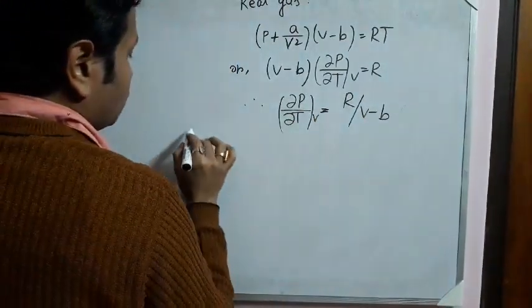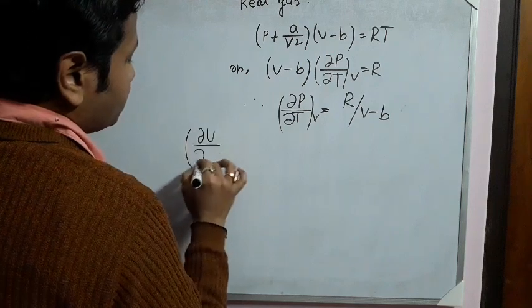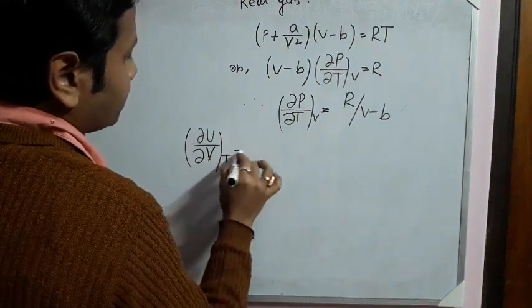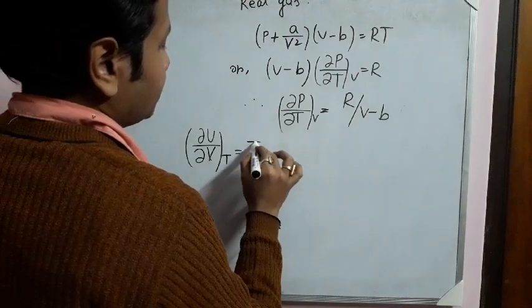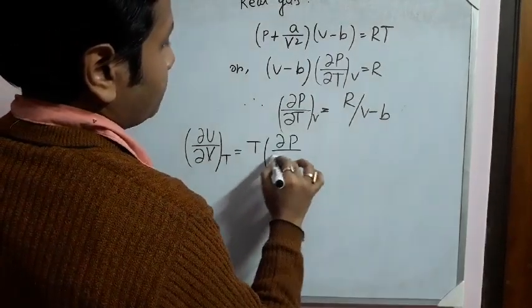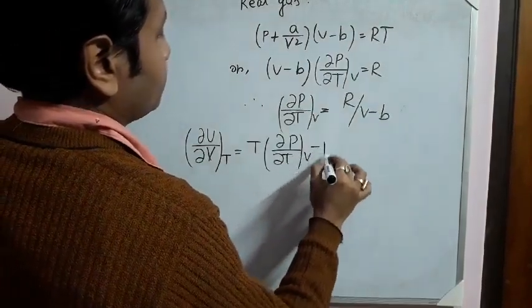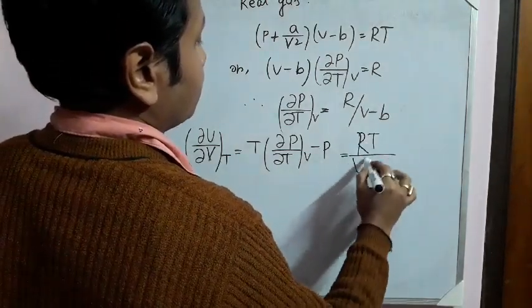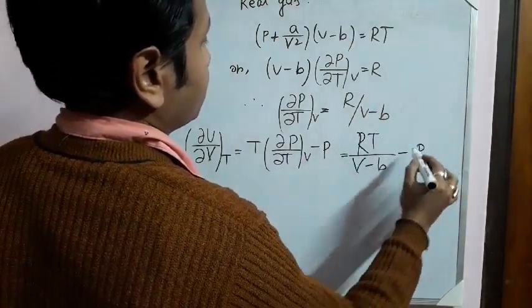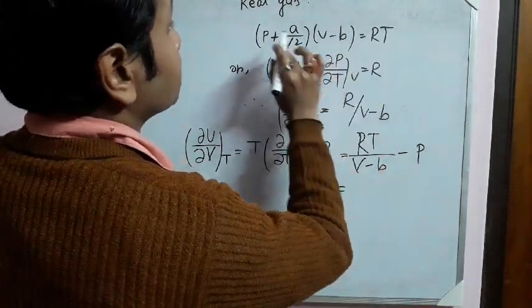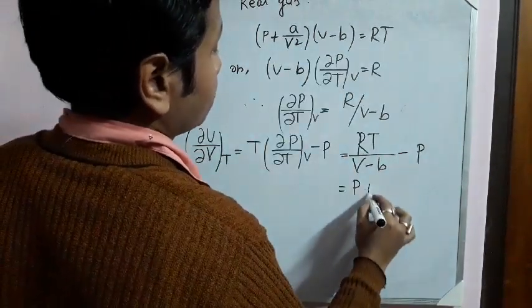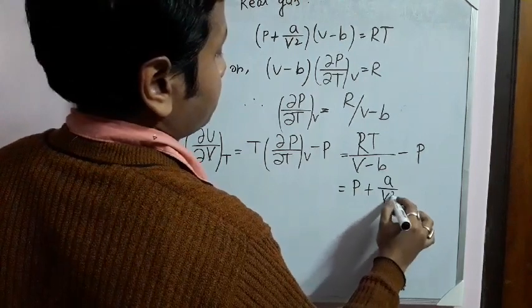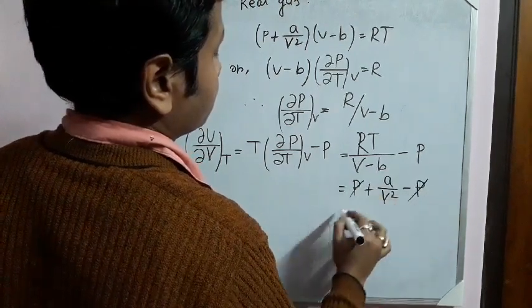The variation of internal energy with volume is T (del P/del T) at constant volume minus P. This is simply RT by (V minus B) minus P. And RT by (V minus B) is the term P plus A by V square, so P plus A by V square minus P. The P cancels.